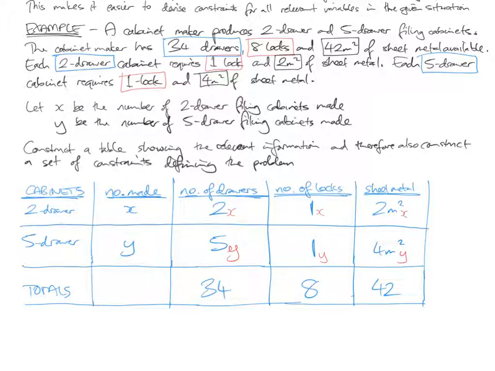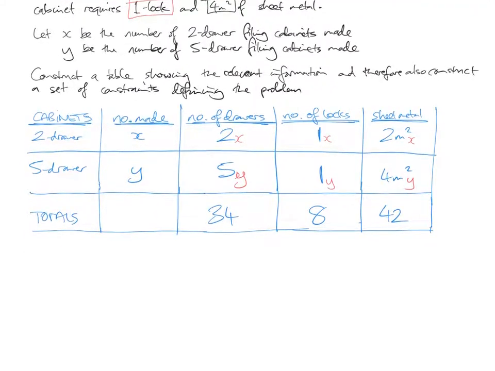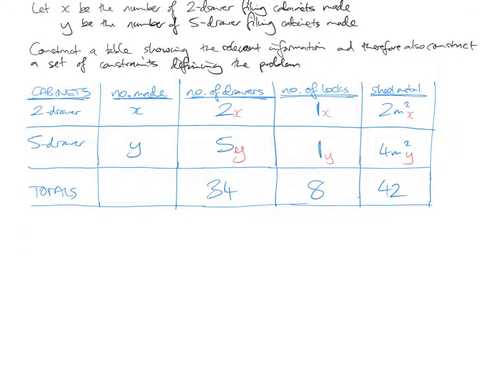We just need to decide what direction the inequality is going to be. Well, they have this much material. They can't exceed that. They can only go up to it. They can make less than this material if they wanted. So all of the constraints would be less than or equal to.